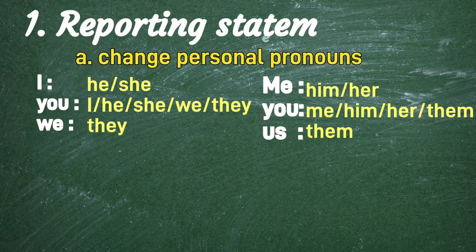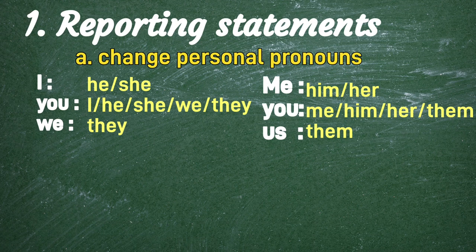Reporting statements. Change personal pronouns. In white, you have the personal pronouns of direct speech, and in yellow, you have what they shall become in the indirect speech. So when you see I in your direct speech, make sure to transform it into he if it refers to masculine, or into she if it refers to feminine.